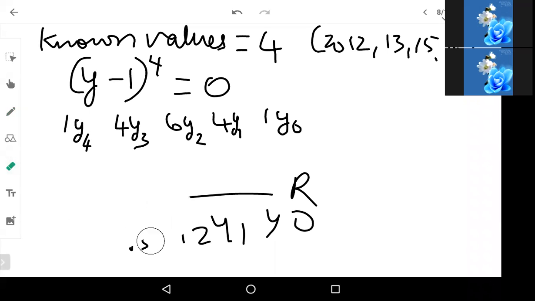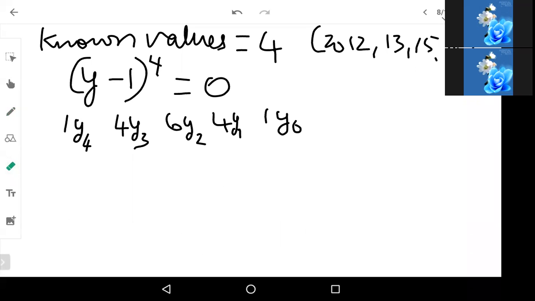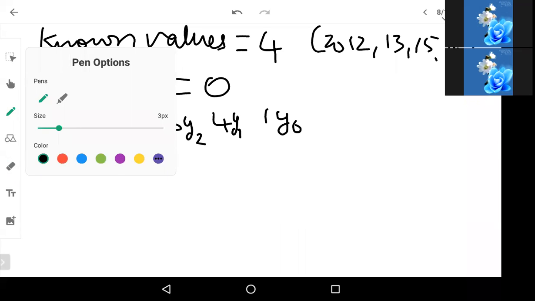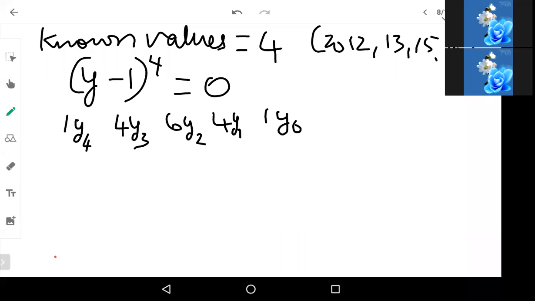Now, listen carefully, concentrate well. Starting from 1 y, the signs will be plus, minus, plus, minus, plus is equal to 0.